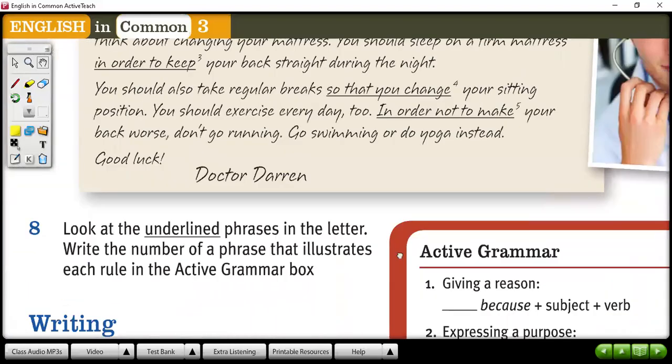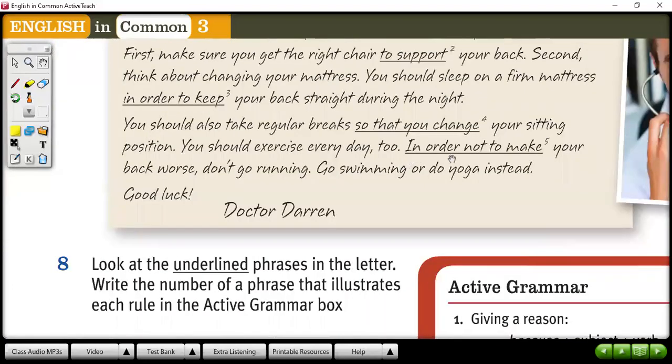Here we have: in order not to make your back worse, don't go running, because your back is bad. You have to take care.